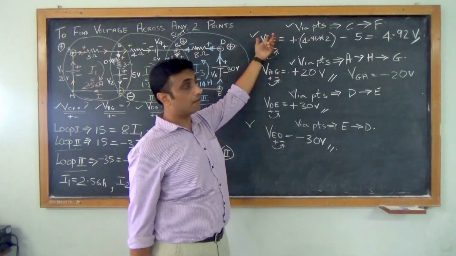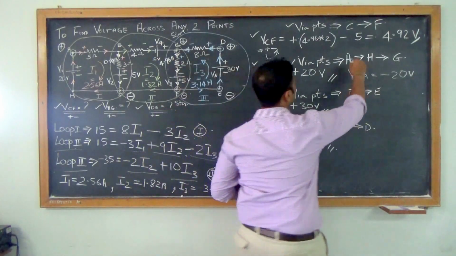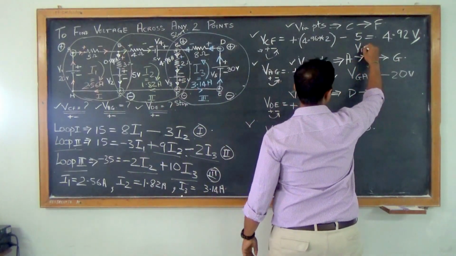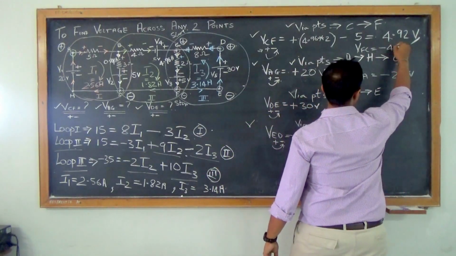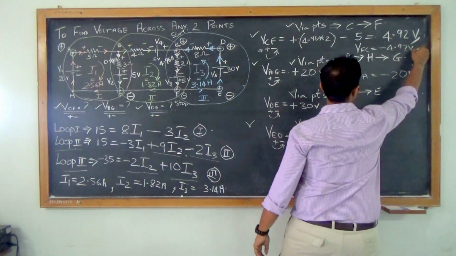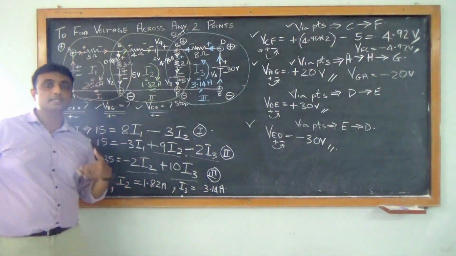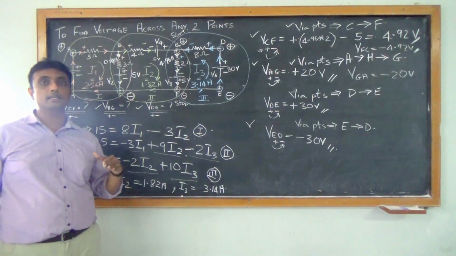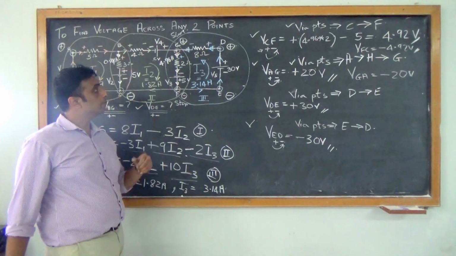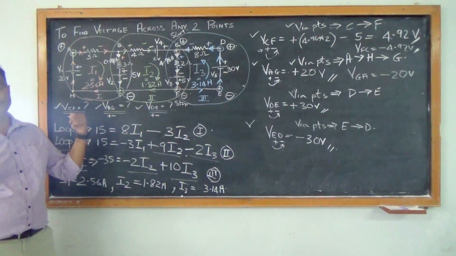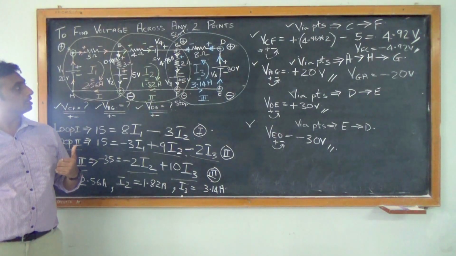And in the same way, how we got VCF equals 4.92 volts, my VFC will be equal to minus 4.92 volts. So what we have to remember here is the magnitudes remain the same, it's only that the polarities get reversed. With this, we basically learn how to find the voltage across any 2 points in a given circuit.